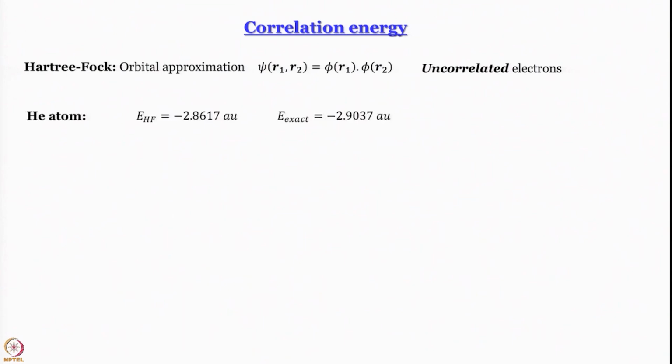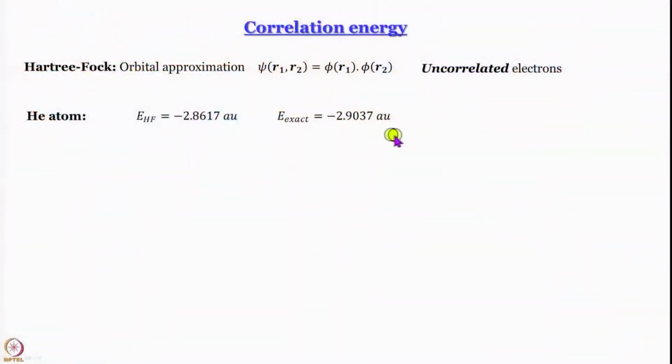The energy that we get doing the calculation is minus 2.8617 atomic unit. When we do a more exact calculation, of course you cannot solve it like that, but when you go back to what we had discussed a couple of classes ago, that perturbation theory using 13th order perturbation, or that variation method using a large number of terms like 1000 something terms, remember?